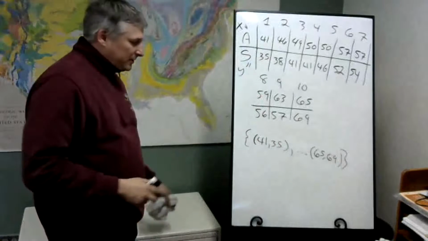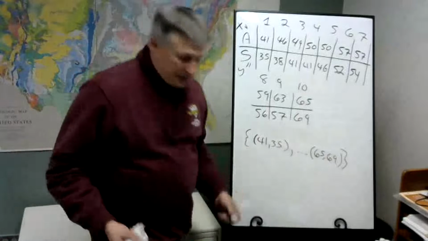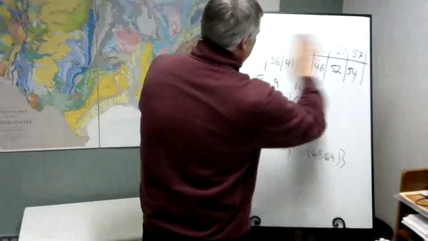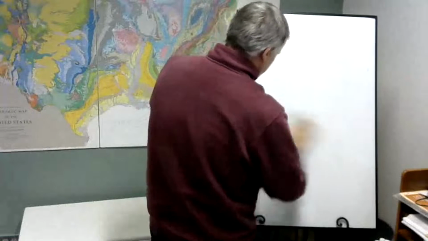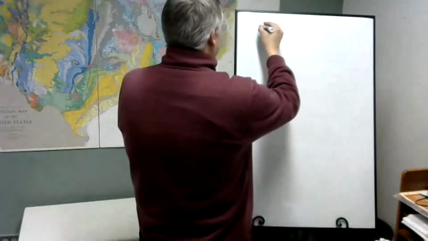So we graph all these points. Again, Albuquerque will be our x-axis, Santa Fe will be our y-axis. And when we do this, we're going to get roughly the following.